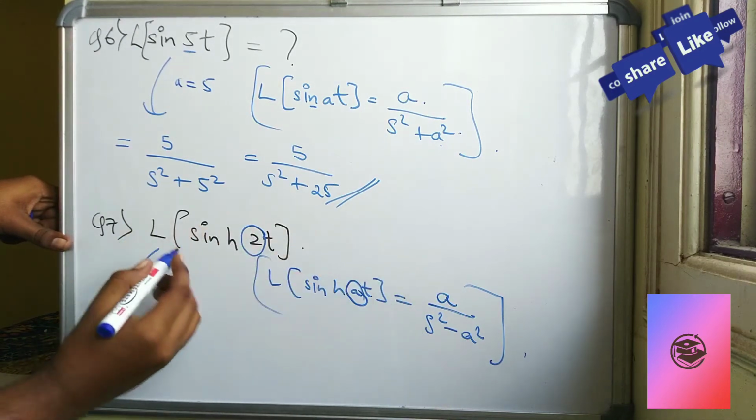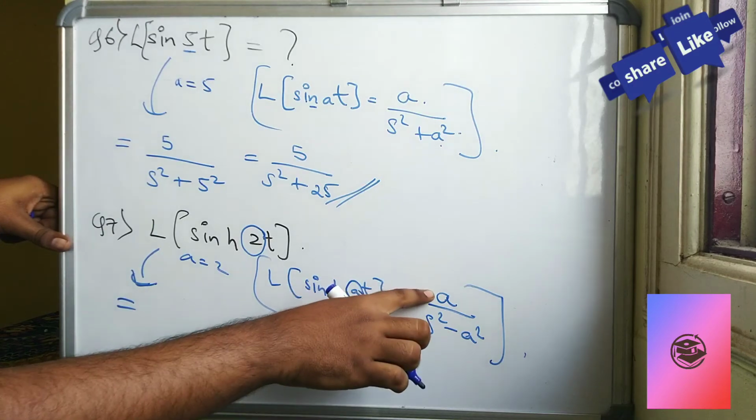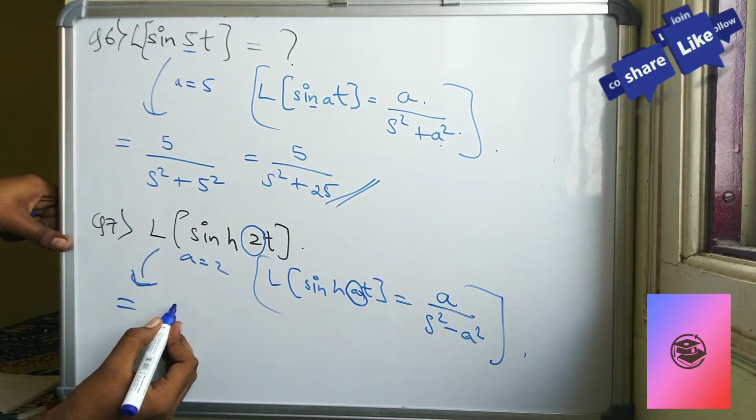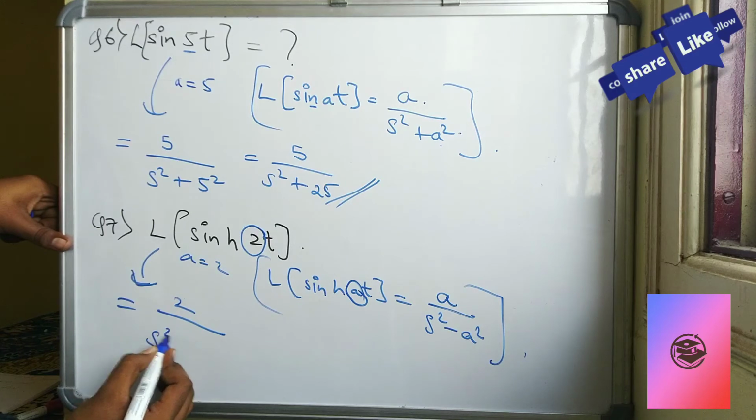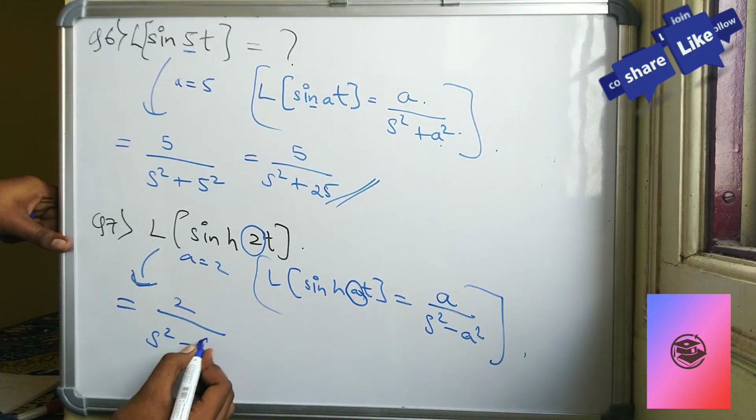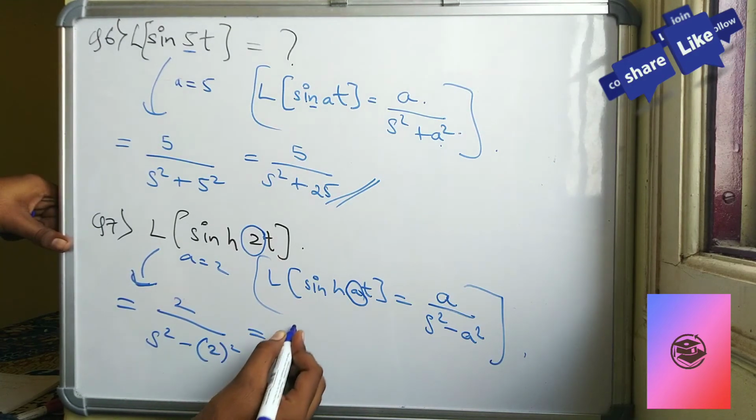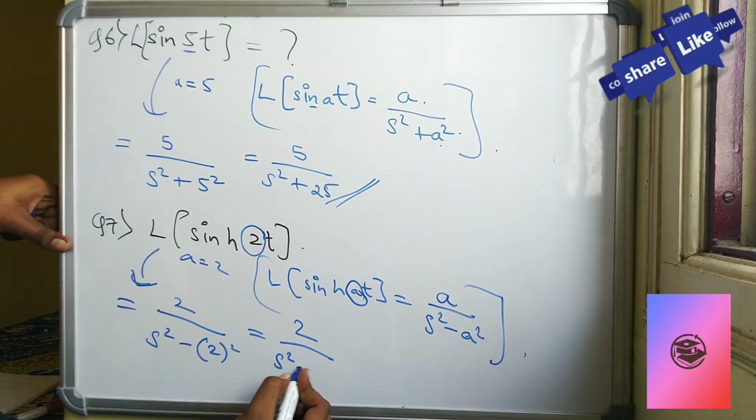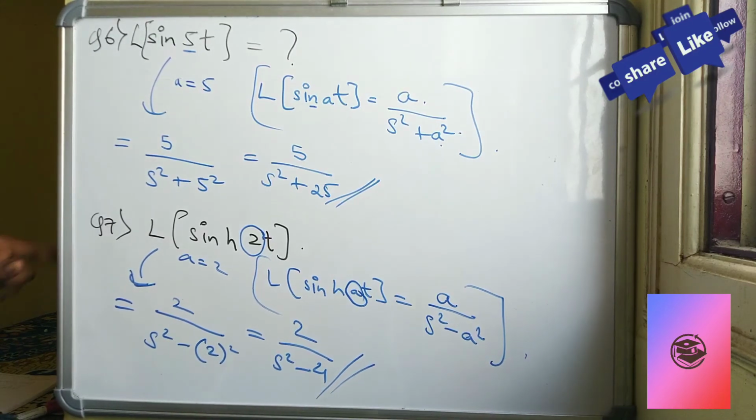Sine function is there, so the numerator is a, and it's a hyperbolic function, so the denominator is s square minus a square. Comparing with sine hyperbolic 2t, instead of a we have 2, so it becomes 2 by s square minus 2 square, which is 2 by s square minus 4. This is the answer. So we have discussed almost all the simple problems based on the standard, elementary Laplace transform formulas.